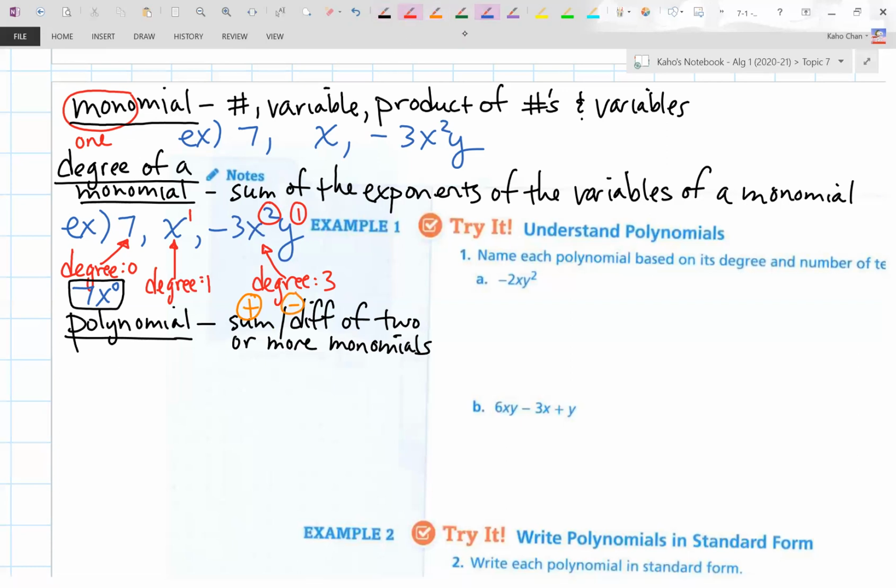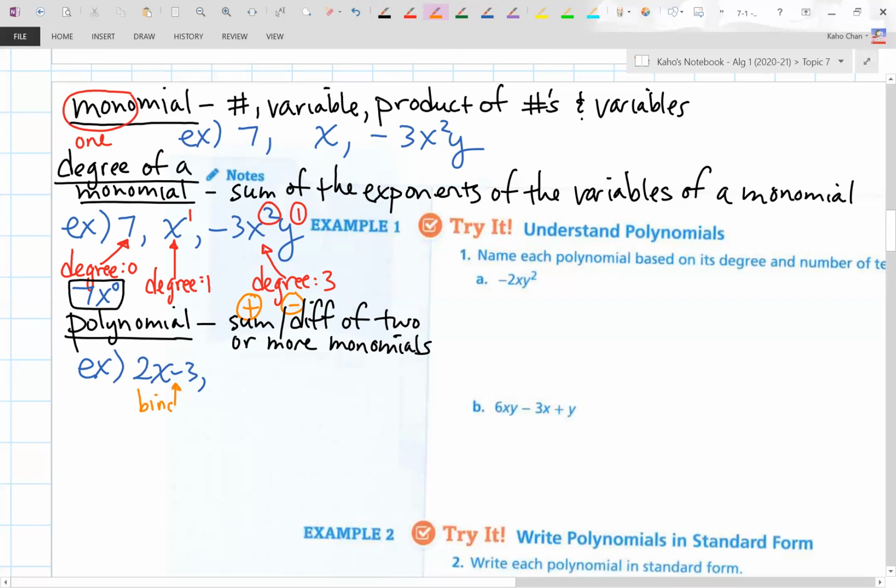Some quick examples. 2x minus 3. It's called a binomial, by the way, separated by a plus or minus sign. Bi means 2. Nice. How about this one? 3x squared plus 7x minus 5.